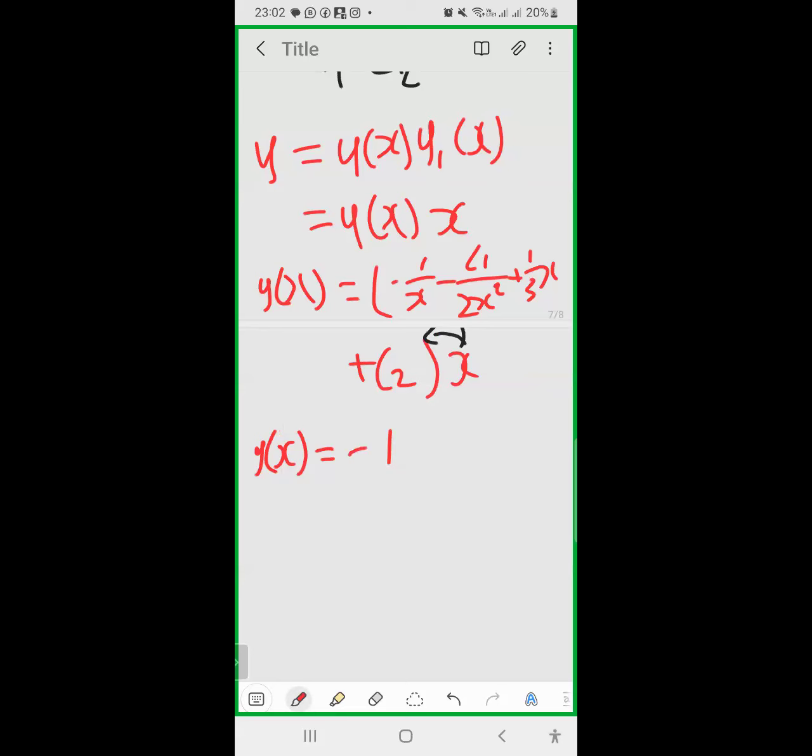And then the second term, we're going to have minus c1 over 2x. And then the third term, we're going to have plus 1 over 3x squared. And then the last one, we're going to have c2 x.